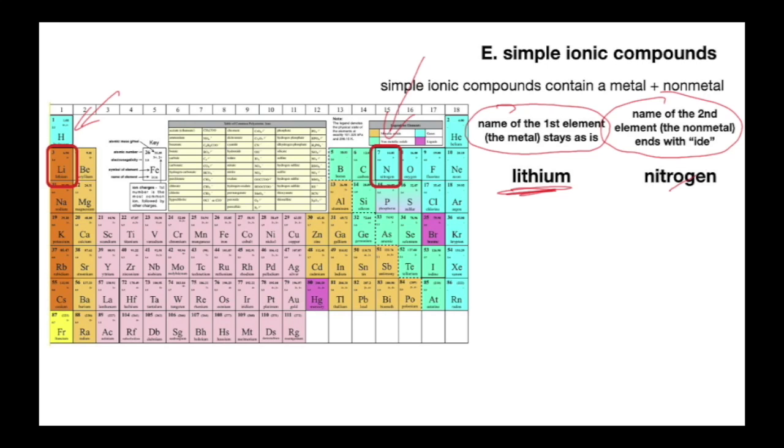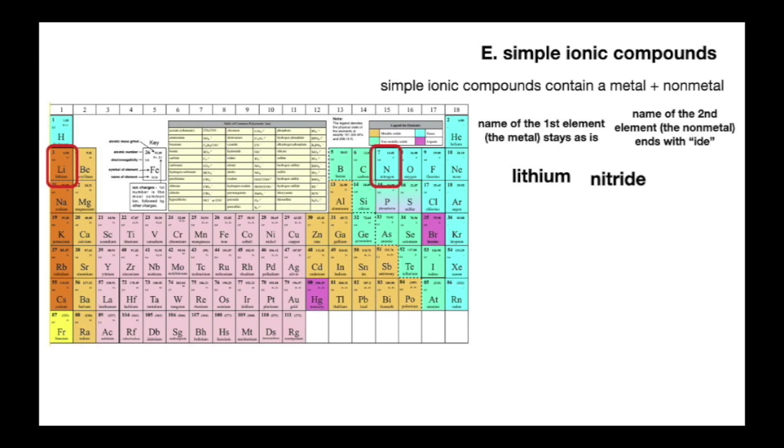So I have to cross off the OGEN and put down IDE, and I've got nitride now. I just put them together, lithium nitride. There is a space between them though. That's how you name an ionic compound. Lithium stays the same, nitrogen changes to nitride.